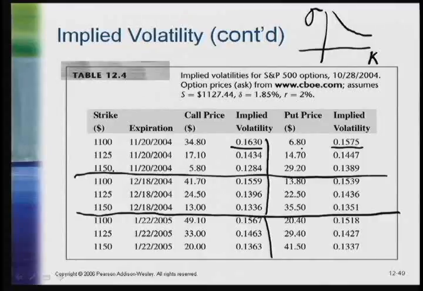You see a similar pattern in the other expiries. Here they're all skews. Here's a pattern of skews, again declining with strike. Here's a pattern of skews declining with strike.